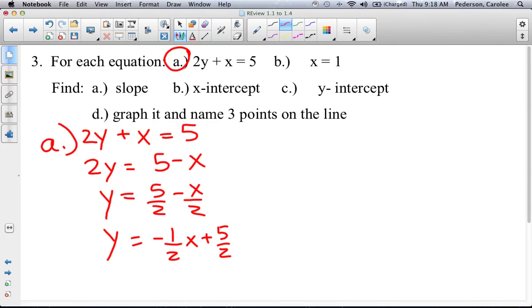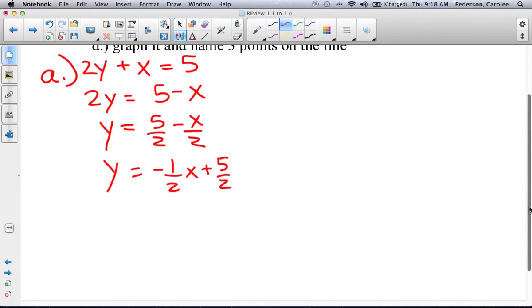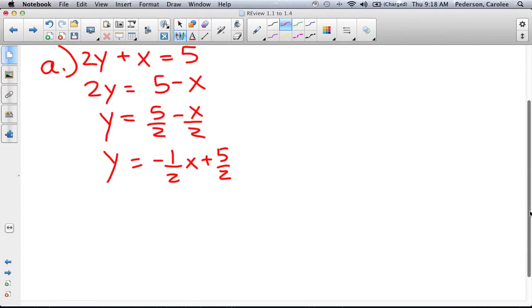So there's the first thing. Convert it to slope-intercept form. What are two things we know now? We know the slope. The slope is -1/2.